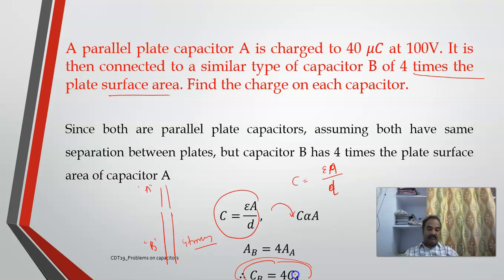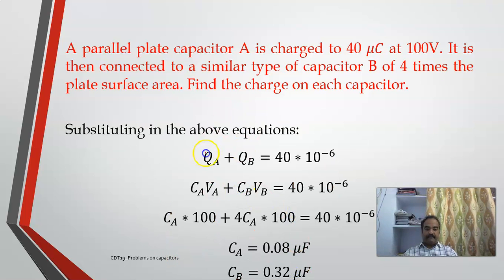Now both the capacitors are connected in parallel, right? When both are connected in parallel, the combined charge, earlier only on A, 40 microcoulombs, is now to be divided onto two capacitors. QA is CA VA, QB is CB VB.